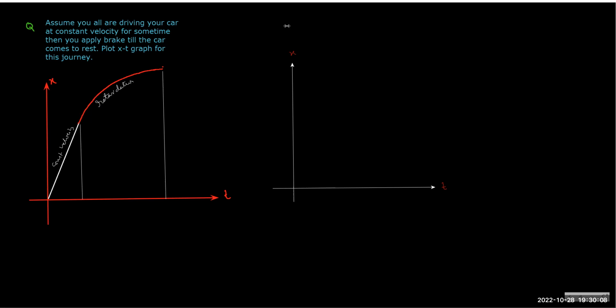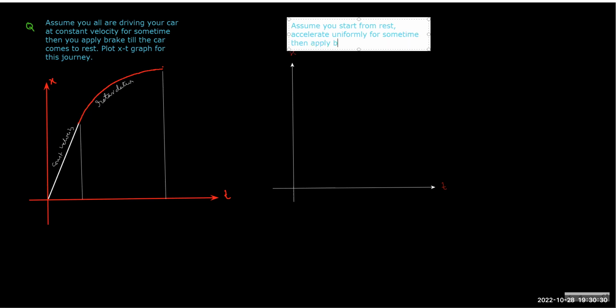So the situation is very complex. There are three situations. Assume you start from rest, accelerate uniformly for some time, then apply brake and retard uniformly till you come to rest.